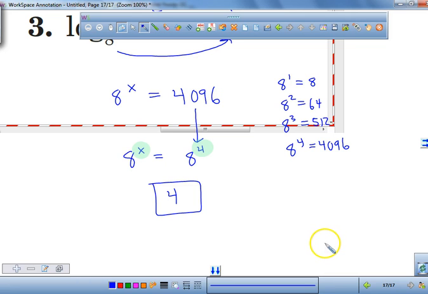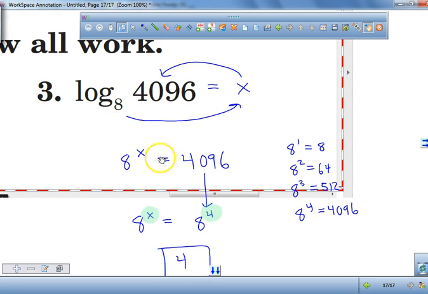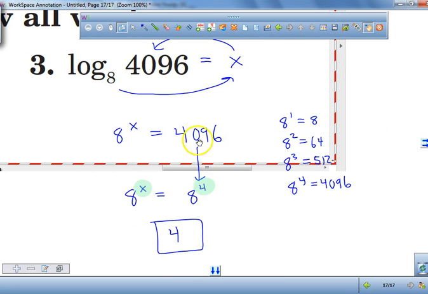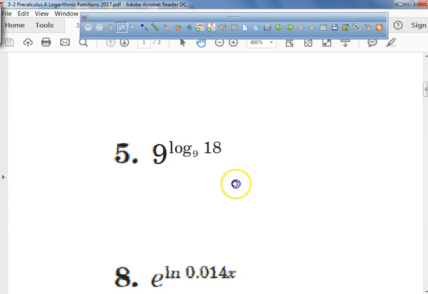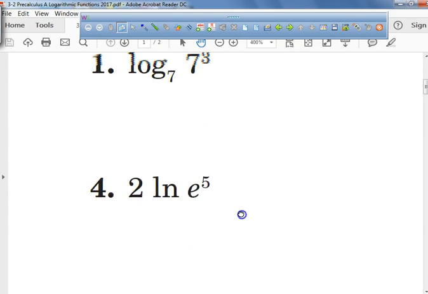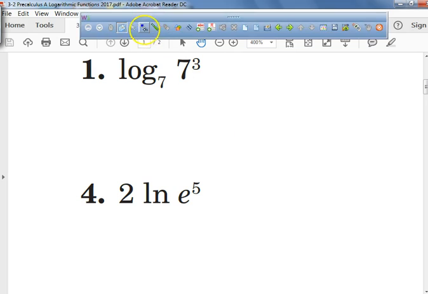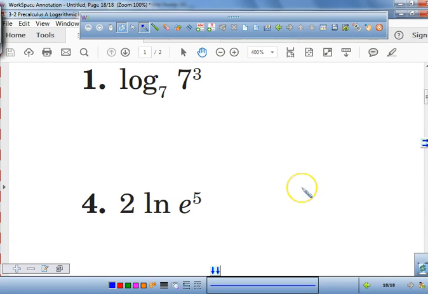Okay. You need to be able to change things from logarithmic form to exponential form. That's what you're doing on the first 9. I'm going to do one more. E, by the way, what is E approximately equal to? It's that 2.718 number. Alright?